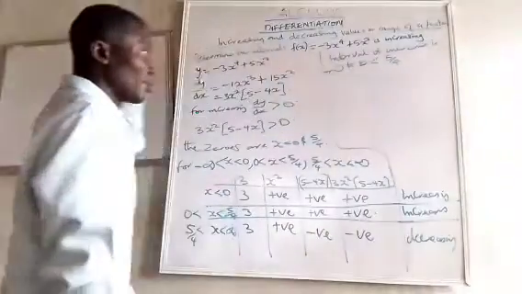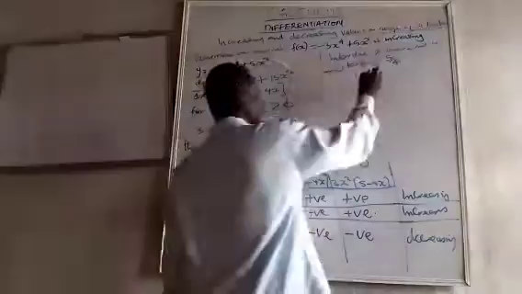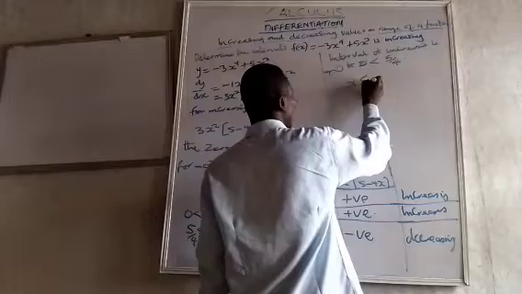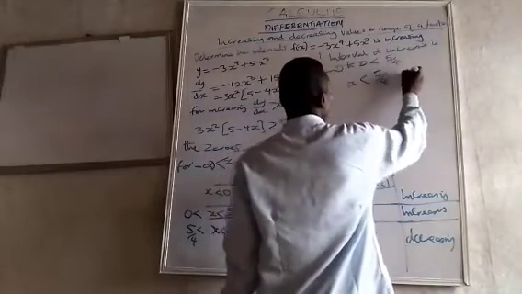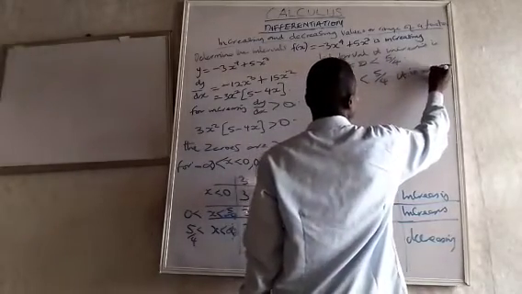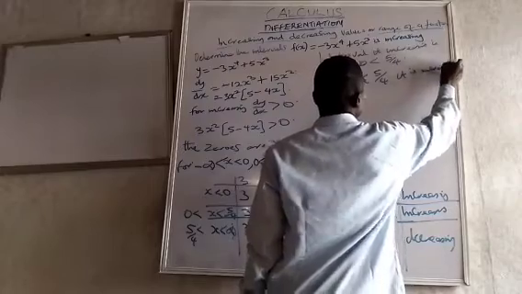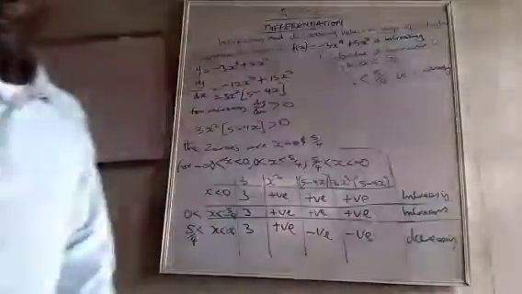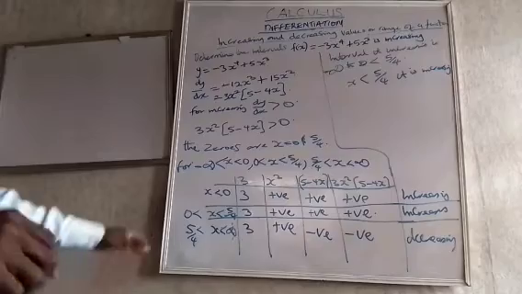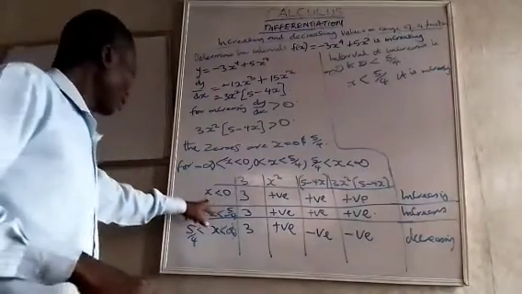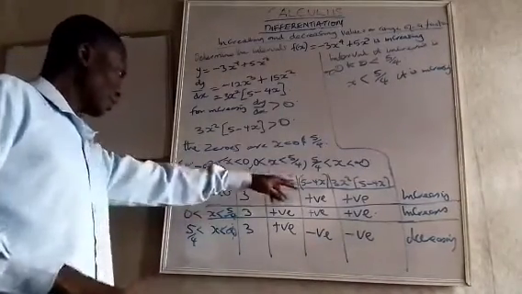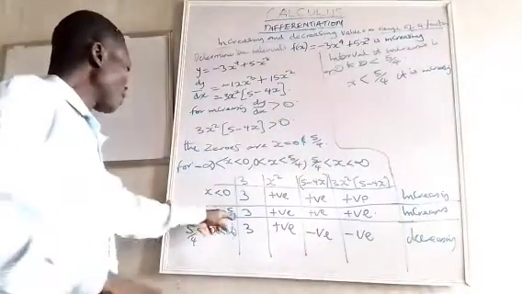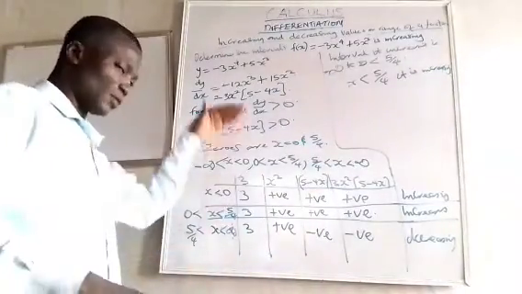So it means that from negative infinity to 5 over 4, that is for x less than 5 over 4, it will increase. Simple. That's all. So from this table, we can see that from negative infinity to 0 is increasing. From 0 to 5 over 4 is increasing. But after 5 over 4, it is reducing.